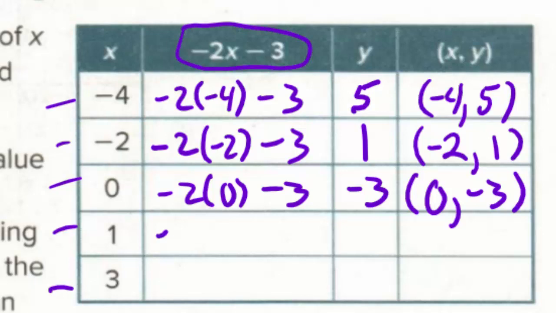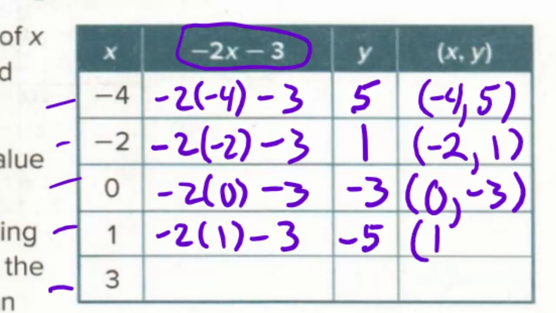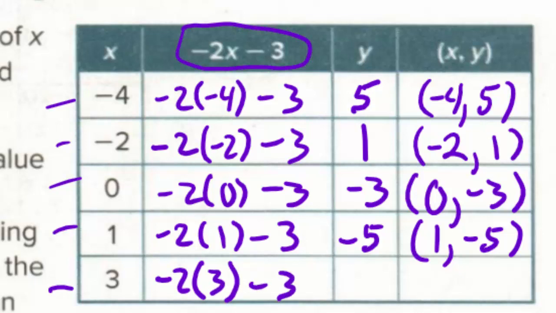We'll do the same thing with the 1, so input a 1. -2 times 1 is -2, minus 3 is -5. So we have 1, -5 on the graph. And again with the 3, so -2 times 3 minus 3. That will give us -6 minus 3, which is -9, so the point 3, -9 is on the graph.